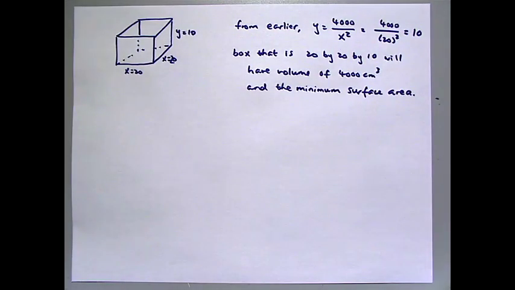And so now, regardless of what material you choose to make this out of, this is the dimension that will require the least amount of material, and therefore the least monetary cost, while still having the required amount of volume. Okay? Any question on this one? Good? All right.